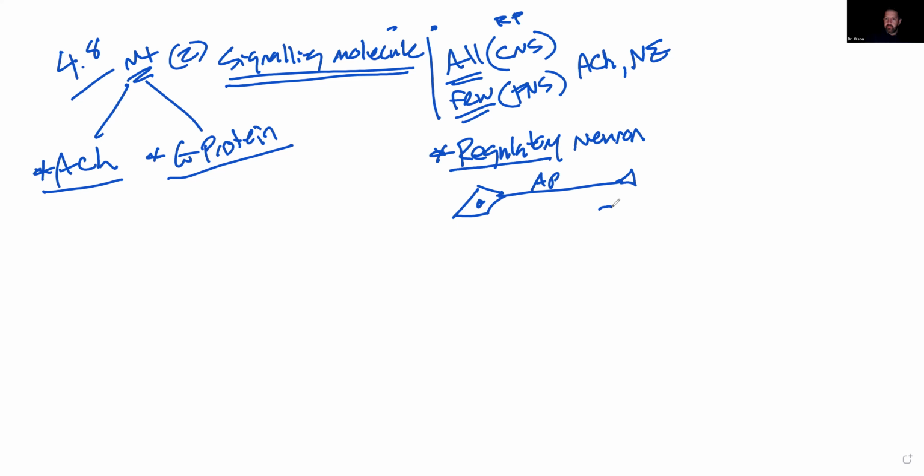These regulatory neurons have the ability to help facilitate this action potential across to another neuron, so it can either be positive, or it can have a negative or inhibitory effect on this transmission. That's all I want you to know about what a regulatory neuron is for now.